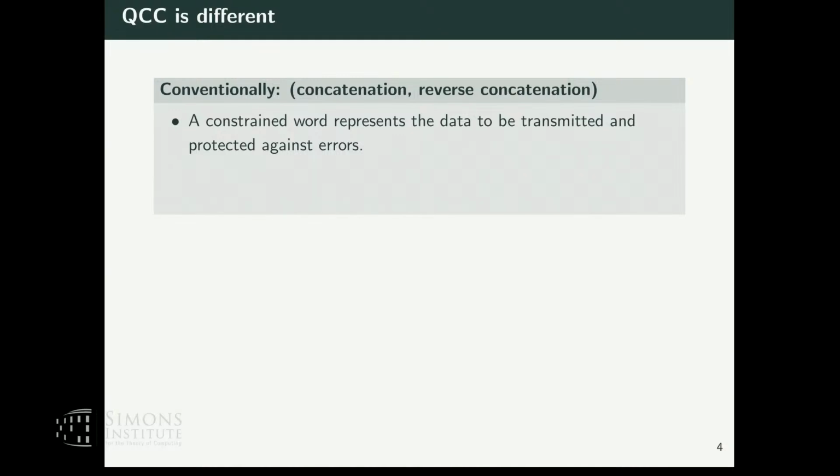So conventionally, in concatenation or reverse concatenation, the constrained word represents some data that you want to transmit and protect against errors. And when you feed it into the constrained encoder, you expect to be able to reverse the process at the other end, undo the constrained encoder, and get back the original word.